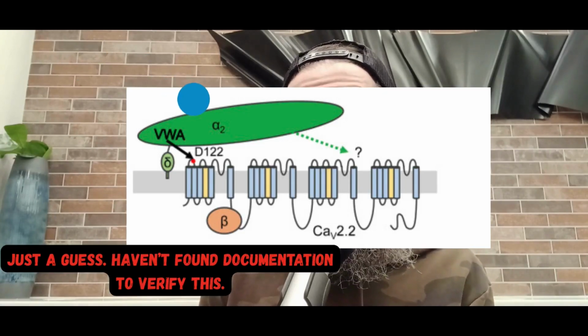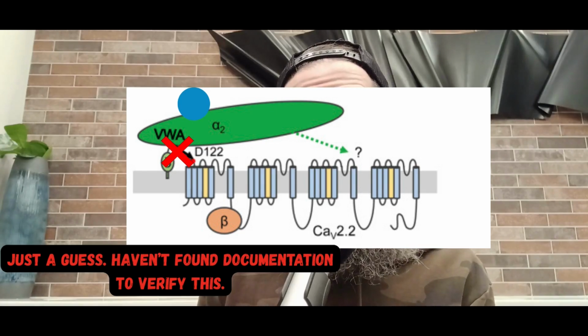Well, if you're taking gabapentin and there are already VGCCs in the cell membrane, it could bind to those arginine amino acids right by that von Willebrand factor A in the alpha-2 delta subunit, and then it can impact the functionality of the voltage-gated calcium channel in the membrane already.